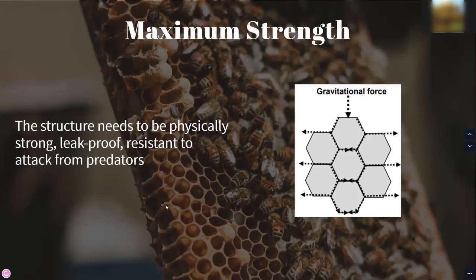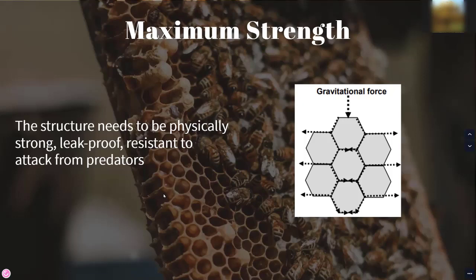If you look at the gravitational force, because of it, if you have a cell and you put honey in it and the baby is in it, there will be a gravitational force. But here the trick is that the load or the force or the stress is distributed equally as a tension. This is a physical term. Maybe Halit Bey will help me to explain this part.